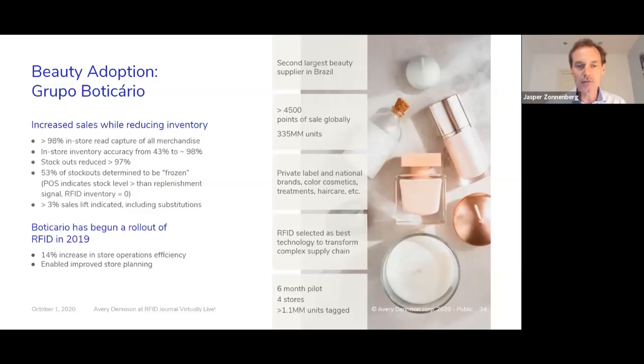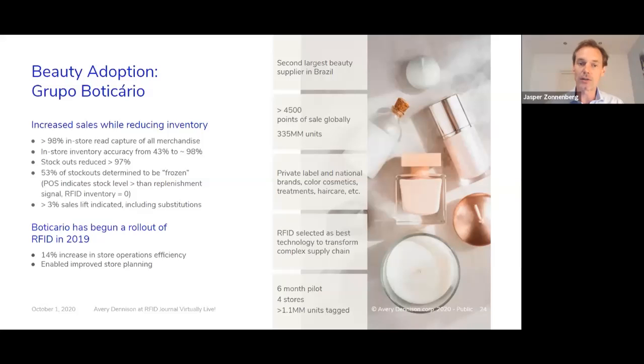And a big challenge for these products is to have a good grip on what is the inventory that we have in store. And with RFID, Boticario has been able to have more than 98% of all the small little items in that store to be captured and to have a real life inventory picture.